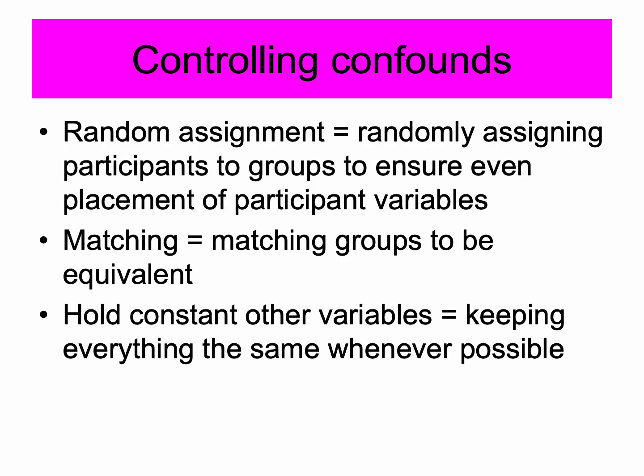But if you randomly assign your participants, then you can ensure that there's even placement, again, across those variables, so you don't have to worry so much about individual differences causing the differences in your experiment.